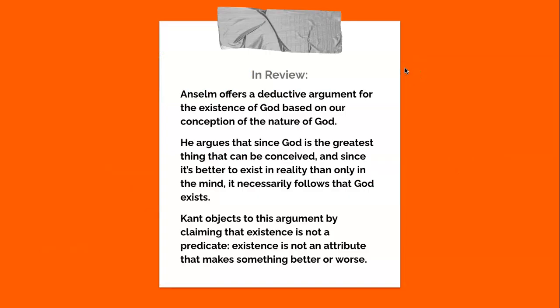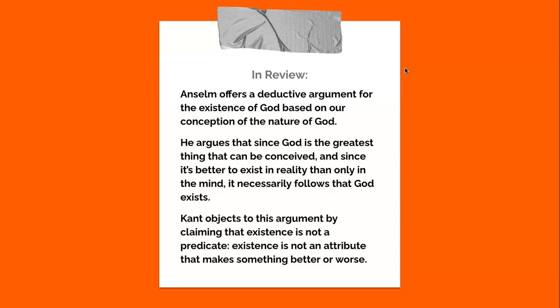All right, quick review. Anselm offers a deductive argument for the existence of God based on our conception of just what God is, or the nature of God, the nature of God's being. He argues that since God is the greatest thing that can be conceived, and since it's better to exist in reality than only in the mind, it would necessarily follow that God must exist.